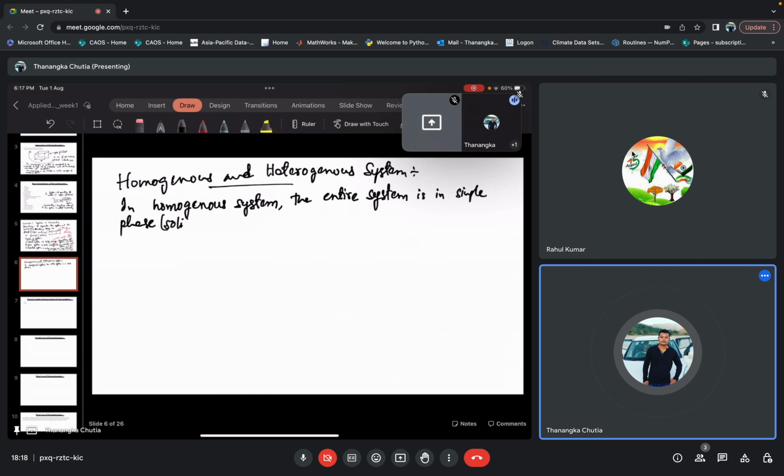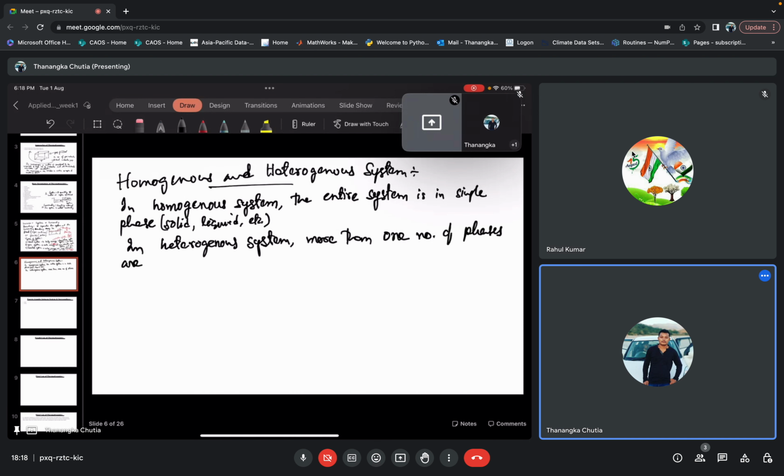It can be solid, liquid, etc. And in a heterogeneous system, more than one number of phases are present in the system. Okay, so this is an example of a heterogeneous system.